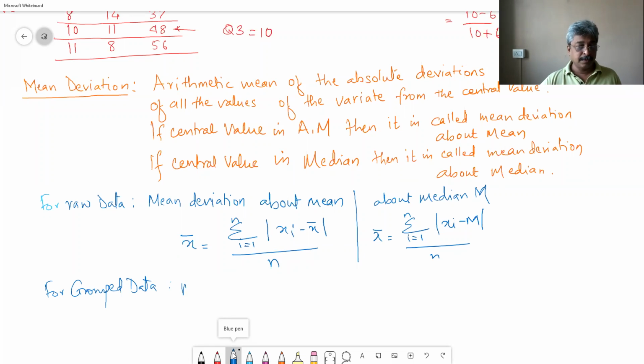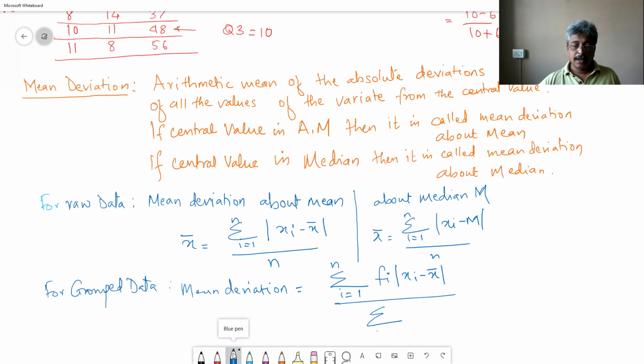So mean deviation will be sigma i goes from 1 to n of fi into the absolute value of xi minus x bar, that is, the difference and the frequency, divided by sigma i goes from 1 to n of fi.